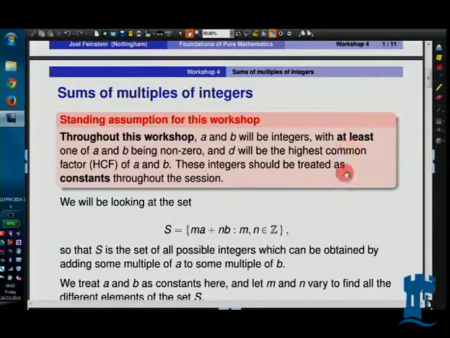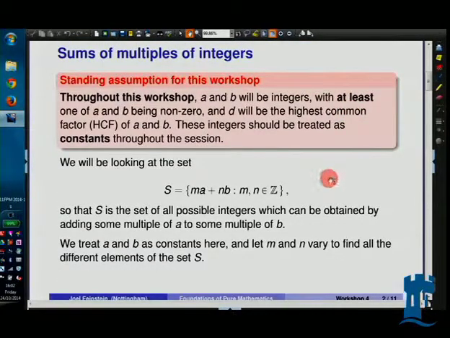Now, the next thing that's going to stay the same in the whole of the workshop is we're going to take a set. It's all things you can get of the form m times a plus n times b, where m and n vary through the integers.